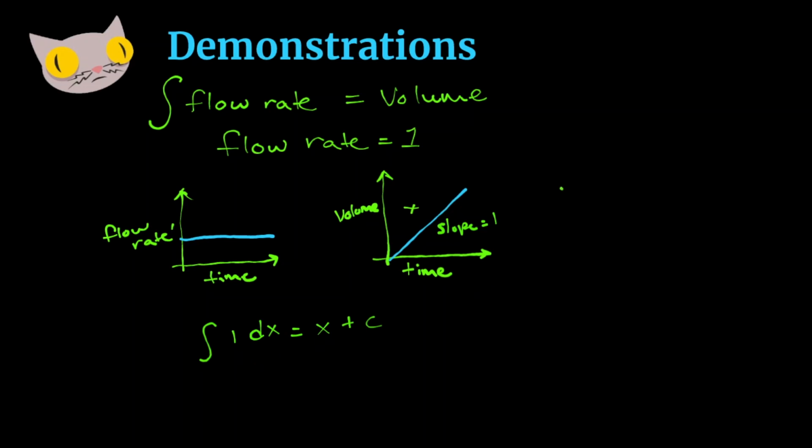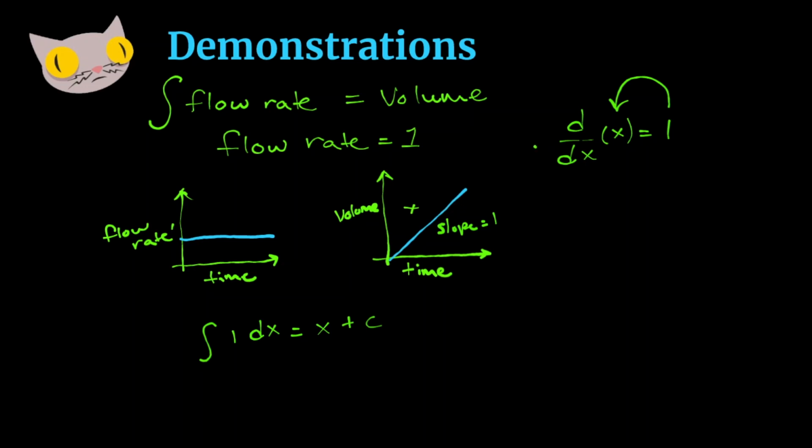As a side note, remember that the derivative of x with respect to x is just 1, so it makes sense that the integral of 1 is going to be x. So now we know all this. If our flow rate is 1 liter per second, we can deduce that after 1 second we have a volume of 1 liter. After 100 seconds we're going to have 100 liters, and so on.